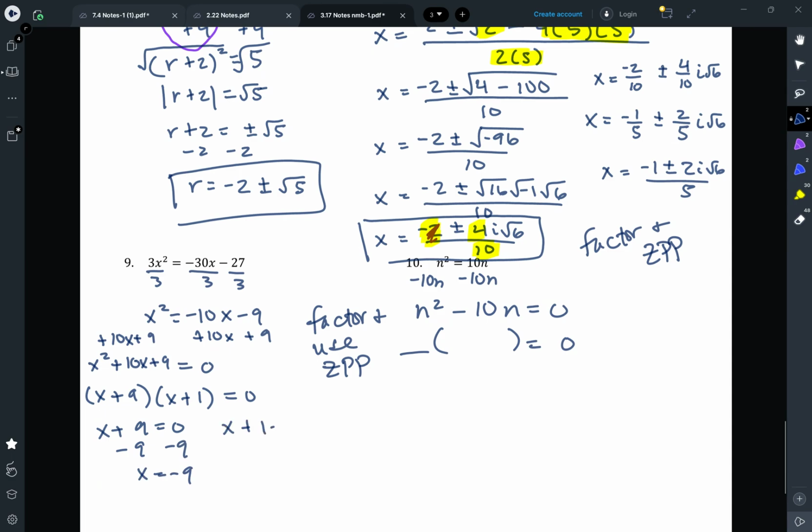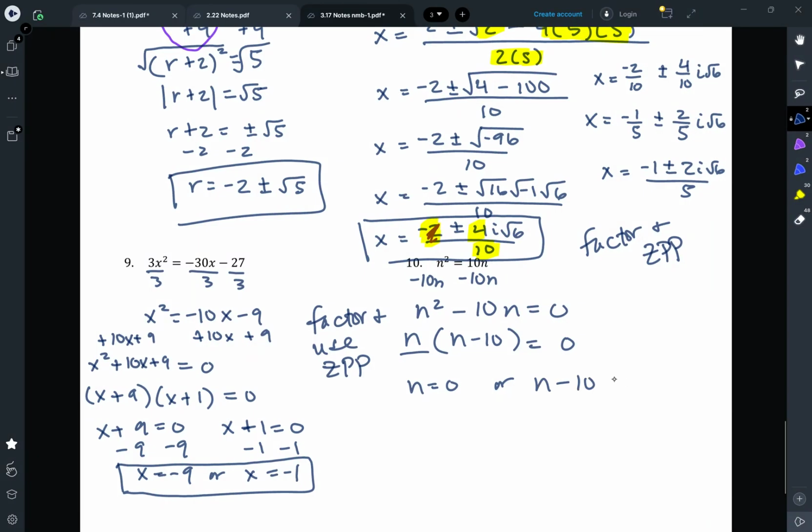All 4 of our different solving methods, being able to do them all, whether we have real solutions or imaginary or complex. Last one, I can factor n out of both terms, so I have n times n minus 10. So n is equal to 0, or n minus 10 equals 0. So either n is 0 or 10.